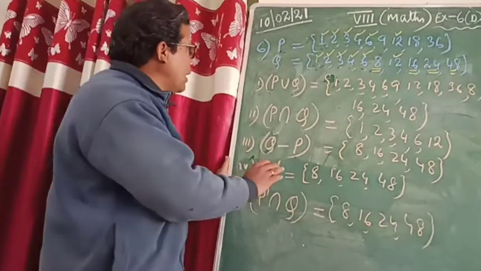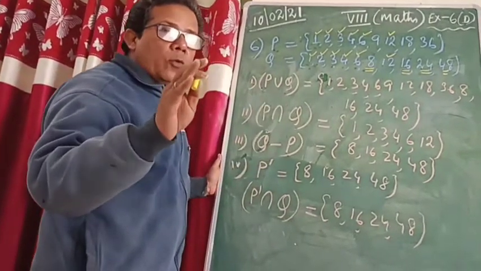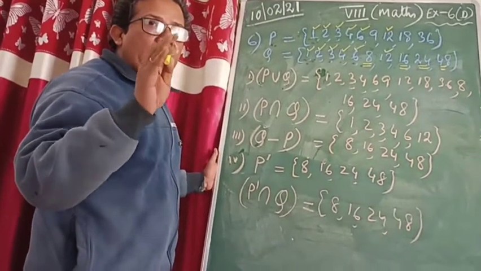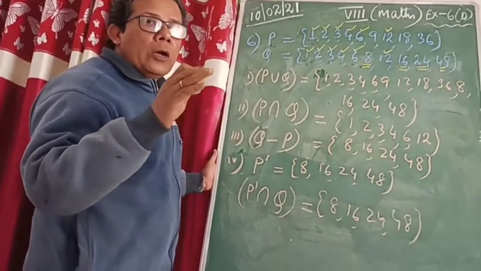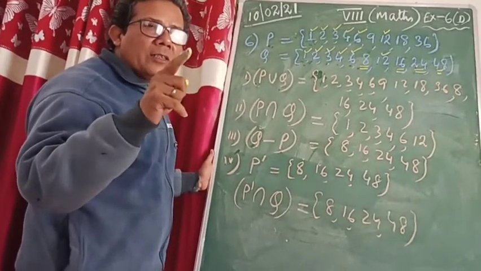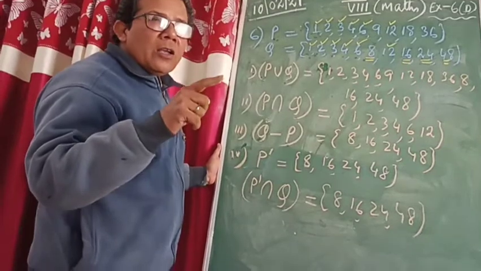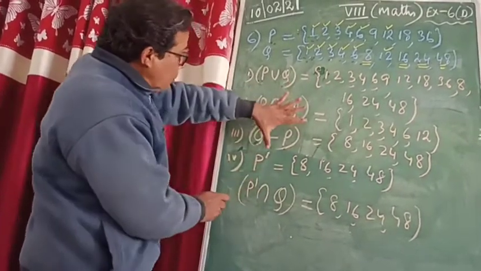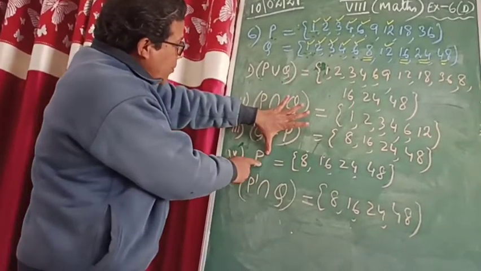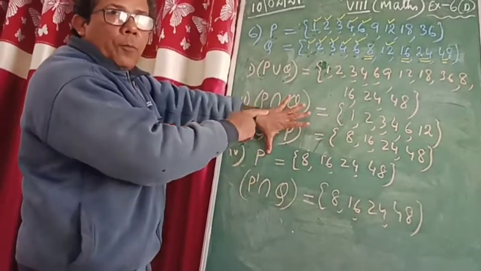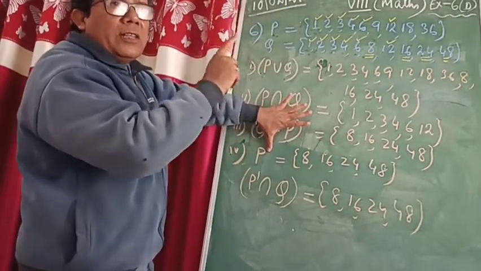Once more let me tell you, whenever you are going to find the complement of any set, how are you going to get it? If the universal set is given, then suppose I cover it up. The elements present in P, you compare with the elements of the universal set.